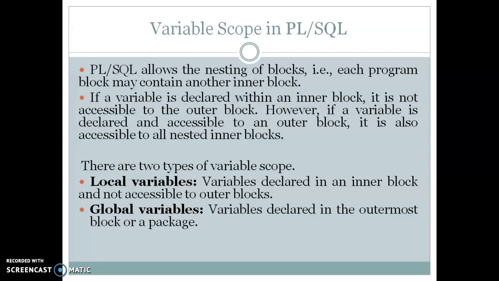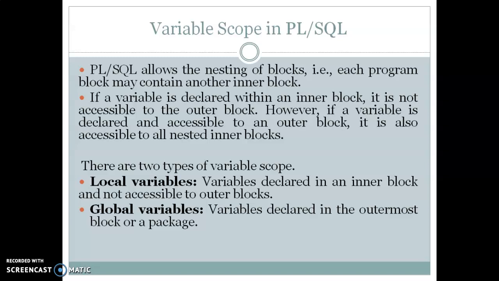So each program block may contain many other inner blocks. If a variable is declared within an inner block, it is not accessible to the outer block. However, if a variable is declared and accessible to an outer block, it is accessible to all nested inner blocks.